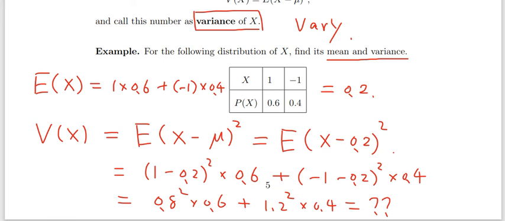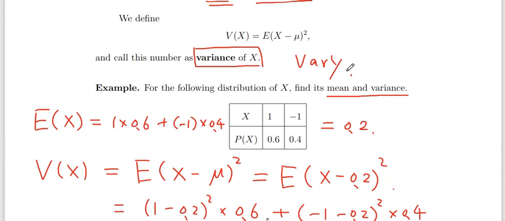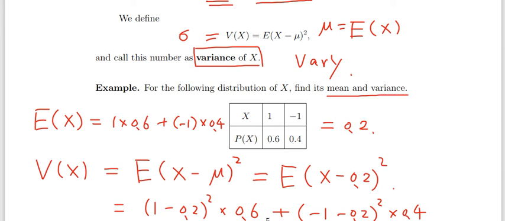So for the definition, we can regard variance as the average for those squared deviations, and mean is the average for x. So average for x equals mu, and for variance we also have a notation, we call it sigma squared. Okay, so those two numbers are important.